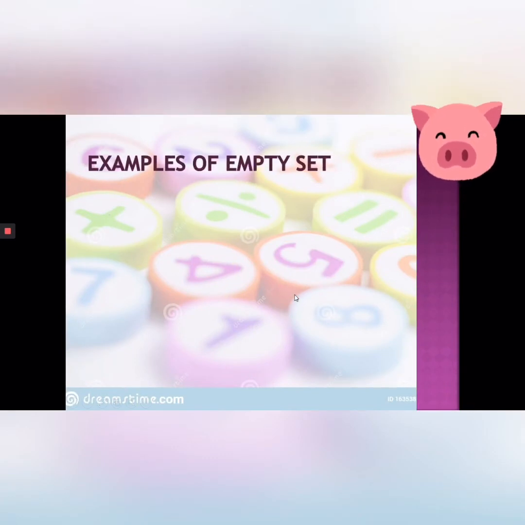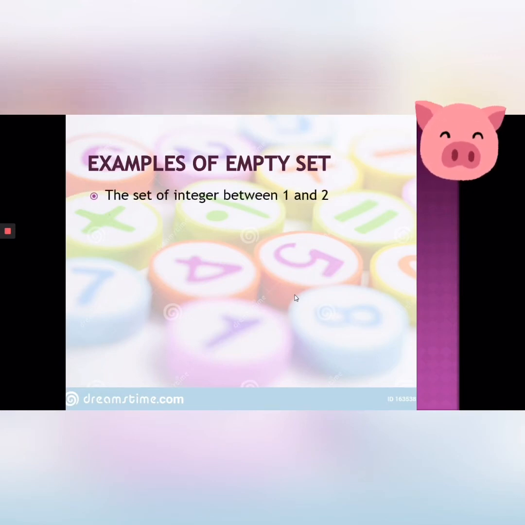Now I have here examples of how to identify if a given set is an empty set. The first example: the set of integers between 1 and 2. We discussed already the definition of integer. It has three types: negative numbers, zero, and positive numbers. Now, between means in the middle.